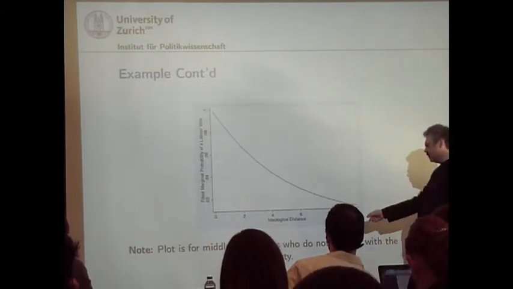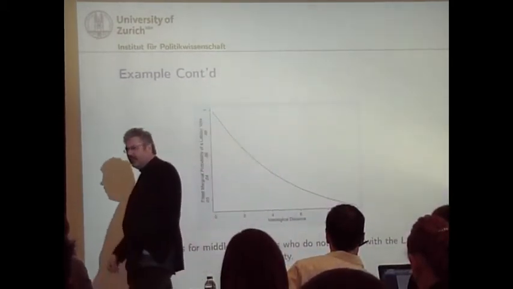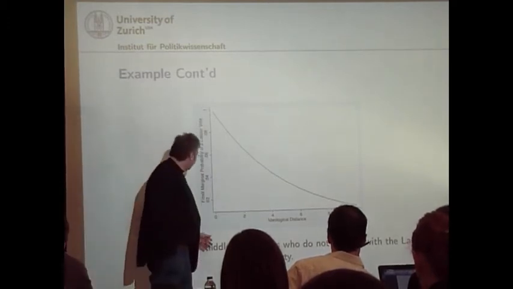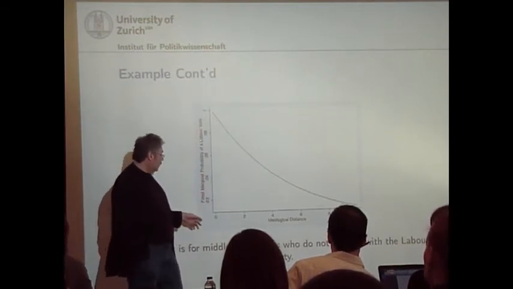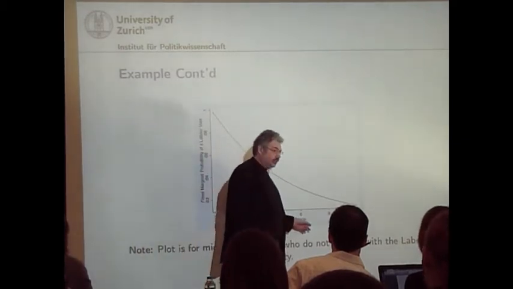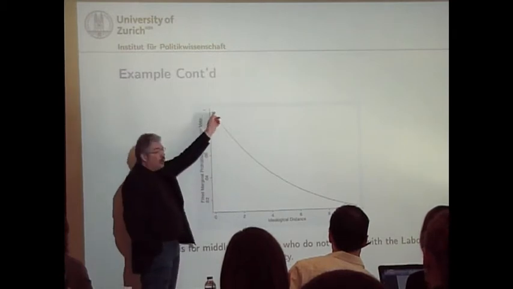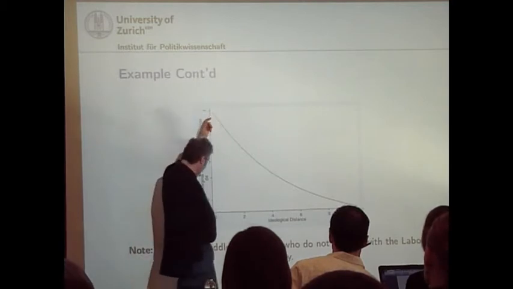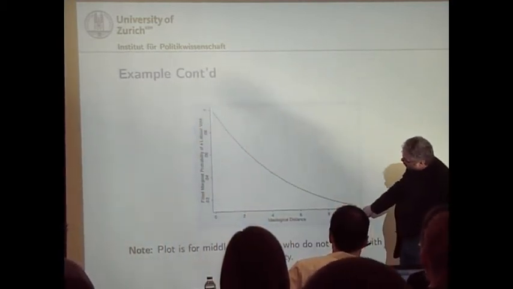So I decided to say Labour ID is 0, people don't identify with the Labour Party, and I'm looking at middle class voters here. And then here is what you get as the marginal predicted probability of the Labour vote as a function of ideological distance. When the ideological distance is 0, the probability of voting for Labour is close to 1, and it drops to basically almost 0.